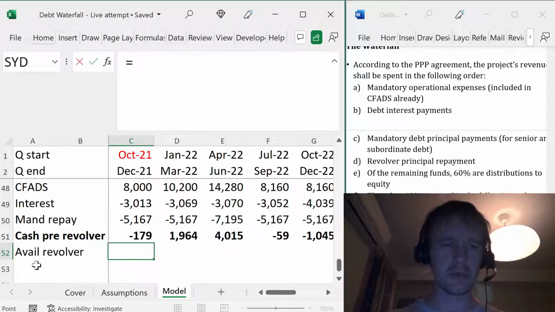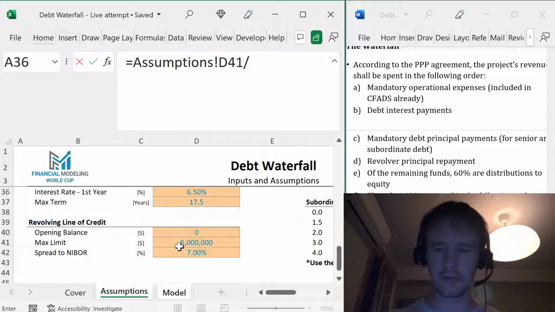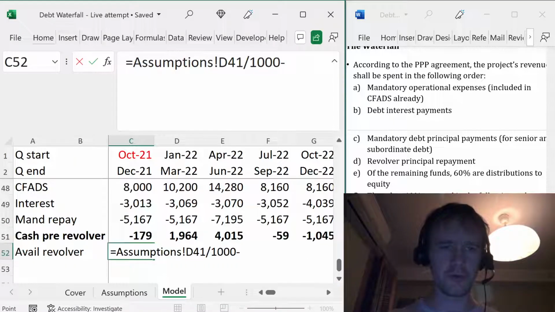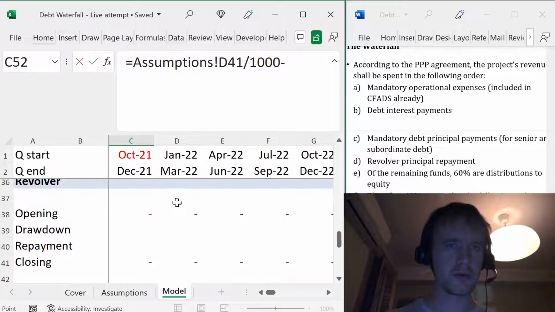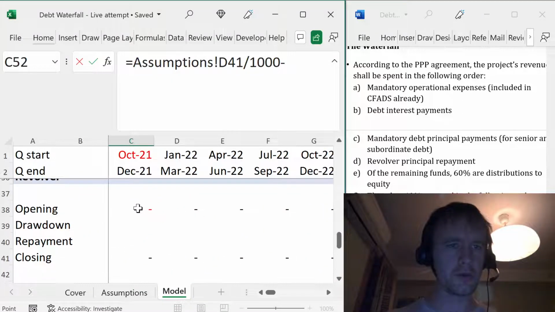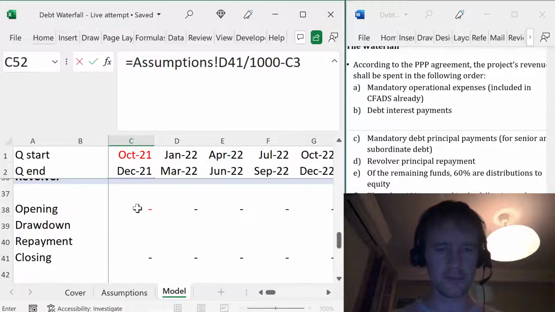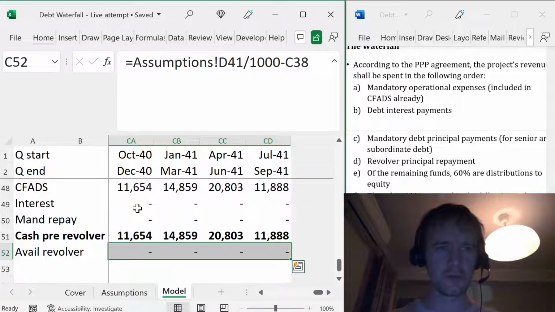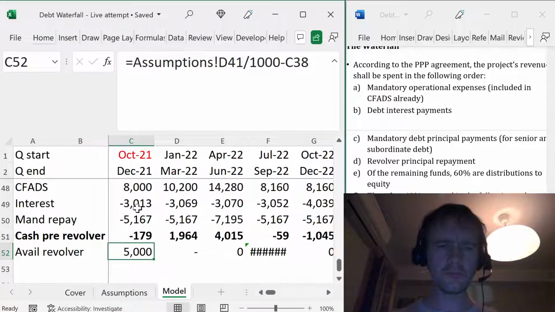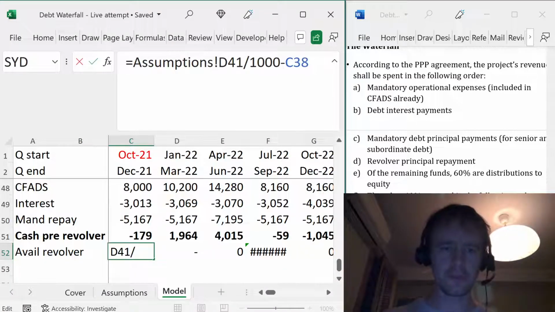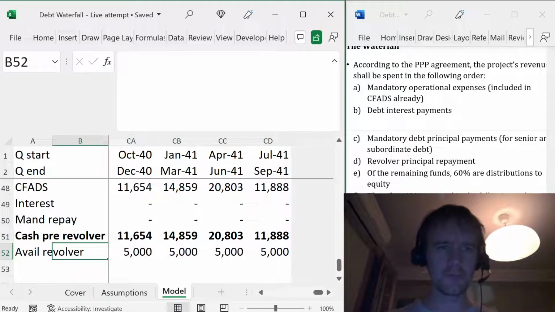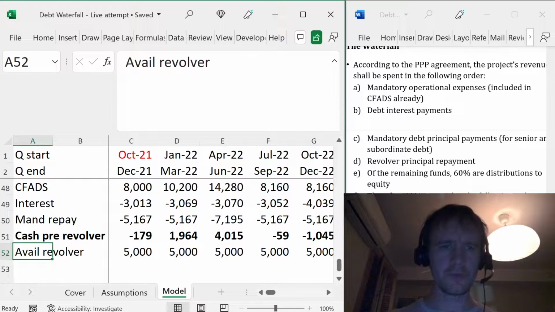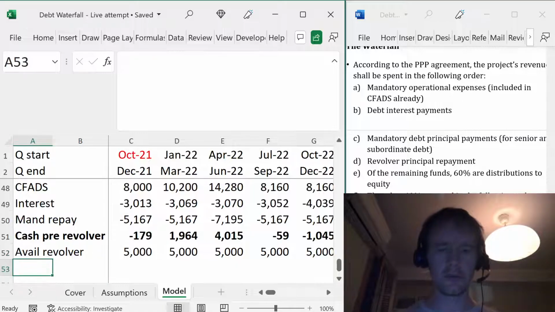So that means that I want that over 1,000 minus whatever's already drawn, which is going to be up here. The opening, so that's C38. Sorry, and I have to lock this in, otherwise it won't copy across right. Good. Okay, so then let's say revolver draw.